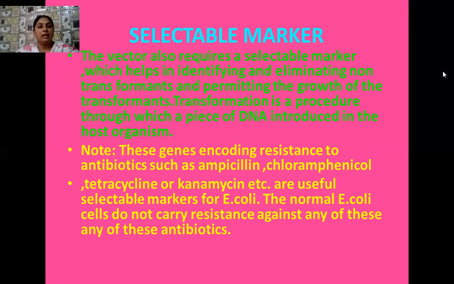Then we allow the transformant cells as well as the non-transformant cells to grow over these cultured Petri plates where we put the antibiotics. So if we have inserted the tetracycline resistant gene, then what happens?